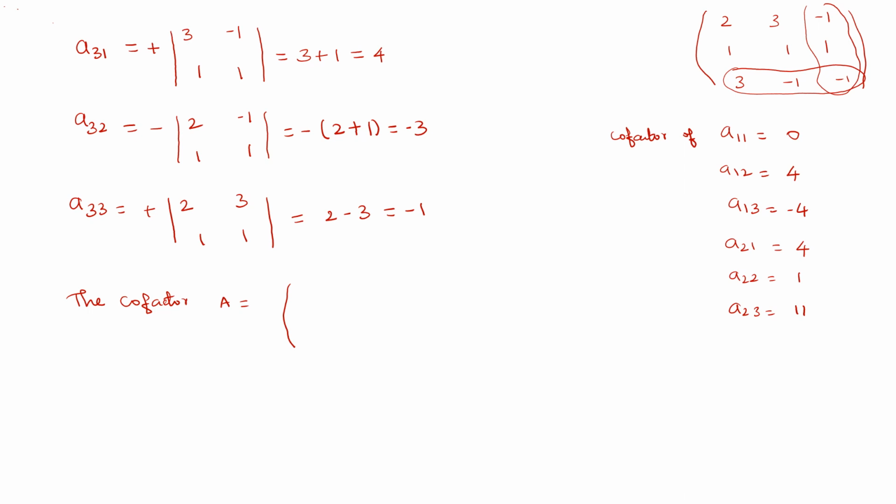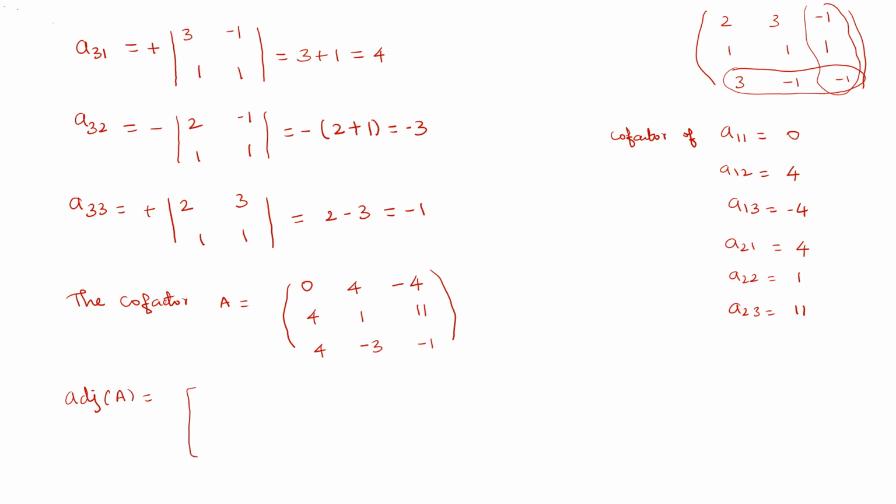The first row A11 is 0, A12 is 4, A13 is negative 4, A21 is 4, A22 is 1, A23 is 11, A31 is 4, A32 is negative 3, A33 is negative 1. But we need adjoint of A. The adjoint of A is the transpose of cofactor of A.